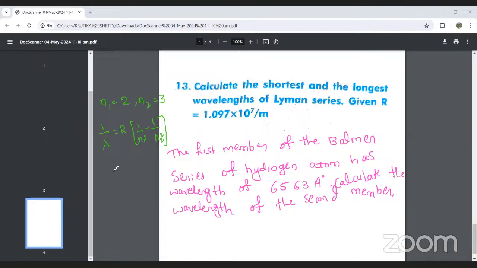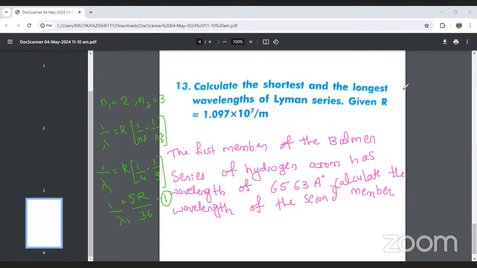Now 1 by lambda 1 is equal to R into bracket 1 by 4 minus 1 by 9. If I simplify this, it will be 5R divided by 36. This is 1 by lambda 1. Keep it as equation 1. This is for the first member.